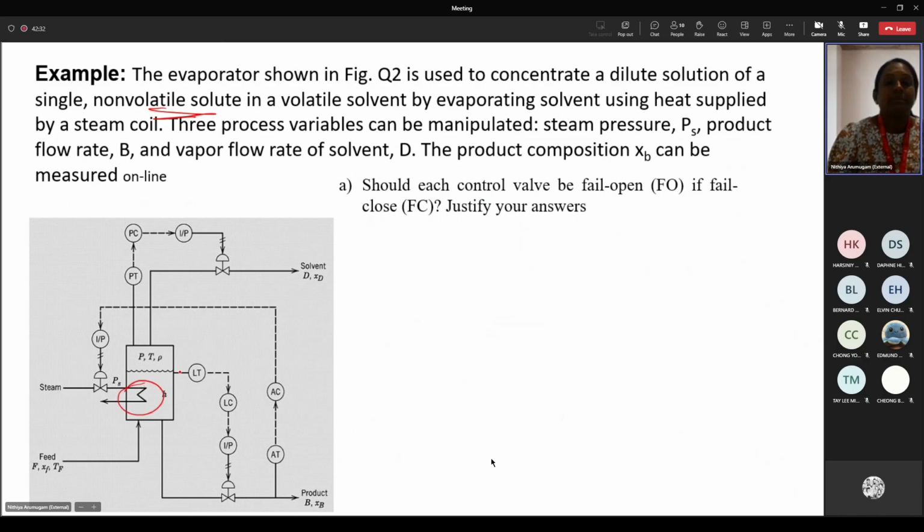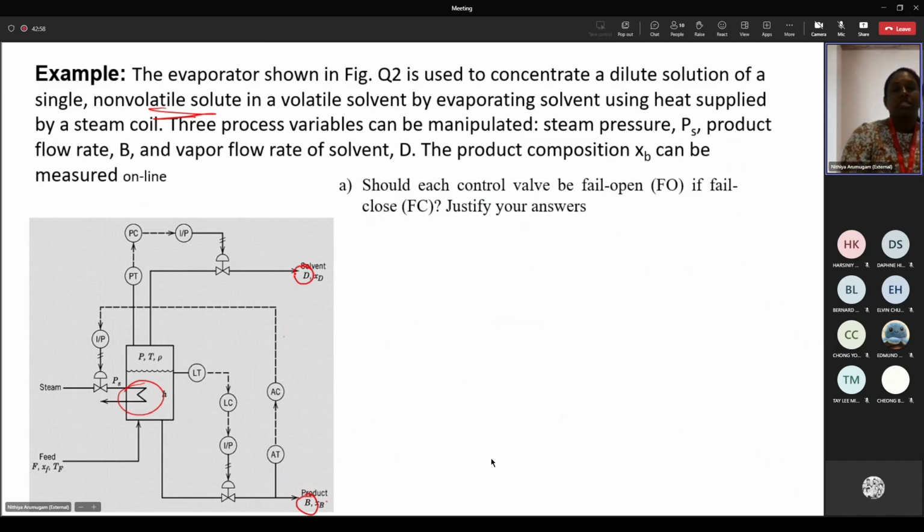Three process variables can be manipulated: the PS, steam pressure, product flow rate, and vapor flow rate of solvent D. The product composition XB can be measured online.